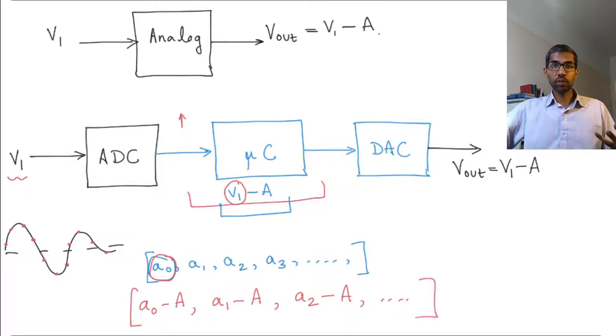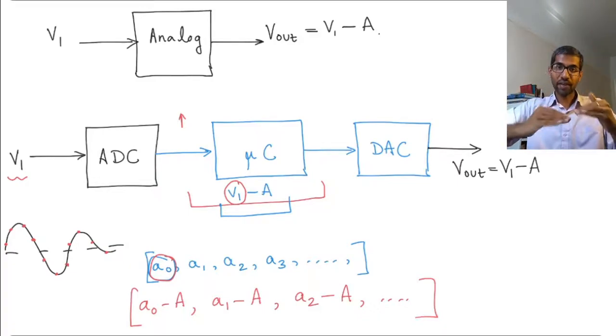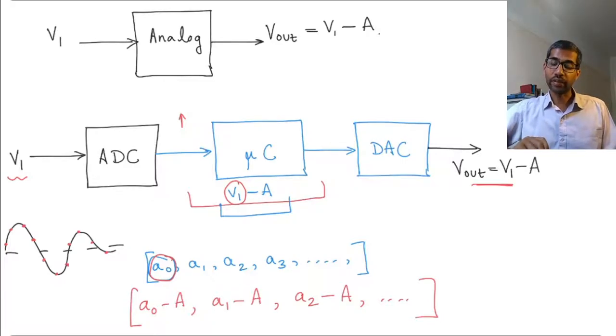This is what you want to do. You take each of the digital values that you have got and you subtract A from it. And once you've done that, your signal is basically V1 minus A. And then you can convert it into an analog value and get the signal that we actually wanted here.